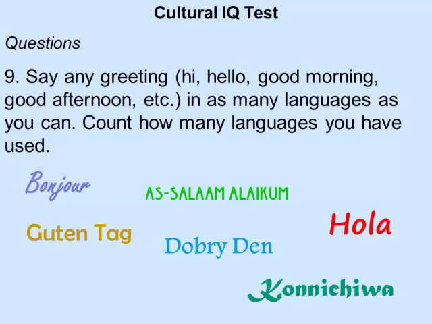Dobry den could be Russian, could be Ukrainian, could be Czech, could be Slovakian. It's a kind of universal Slavic greeting. Ciao is hello in Italian. So count how many points you have total, and you pass this culture IQ test if you scored at least 4 points.